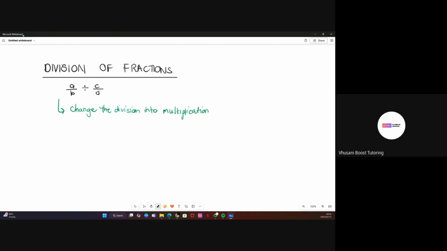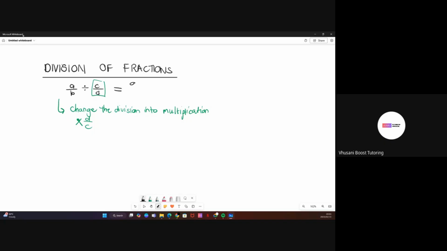And when we change the division into multiplication, this part over here will swap terms, or swap positions. So we would now have D over C when we change that to multiplication, right? So let me show you.